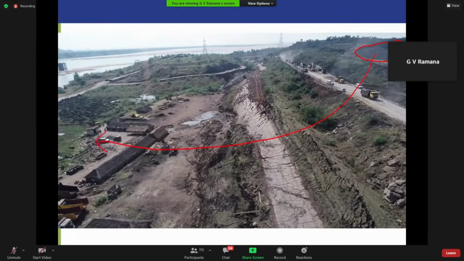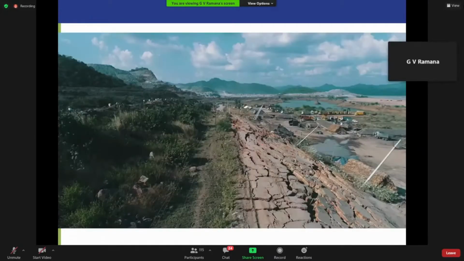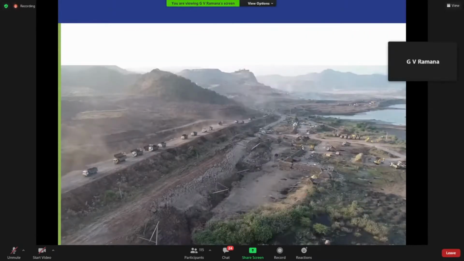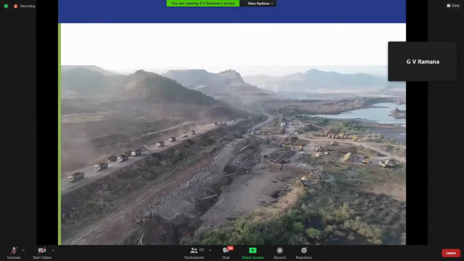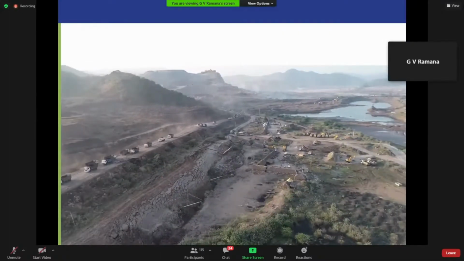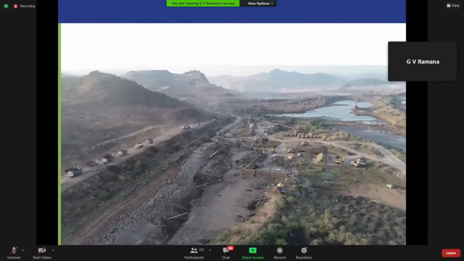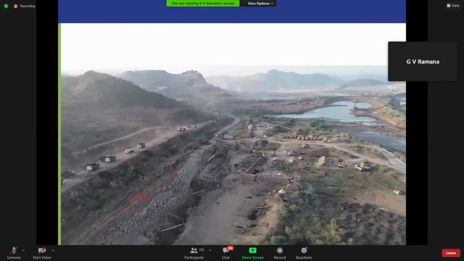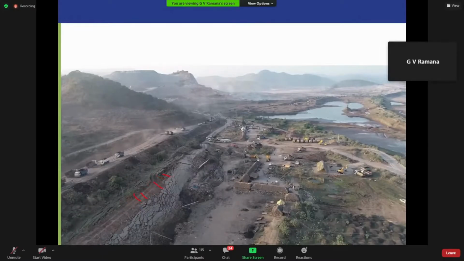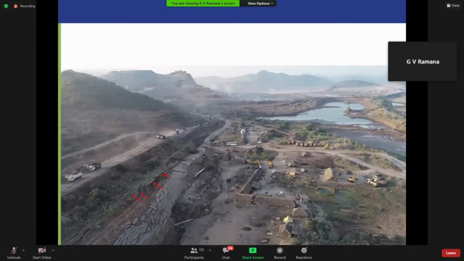You can see the cracks here and the pavement broken. Now it is a very close-up shot where you can see it clearly. This is a small video of a few seconds only. This has displaced here. This is due to the overloading on top of the CH clay.